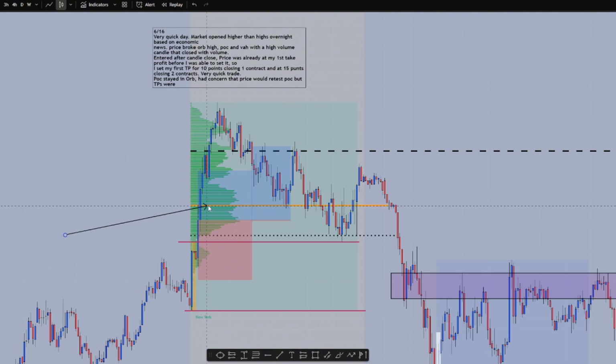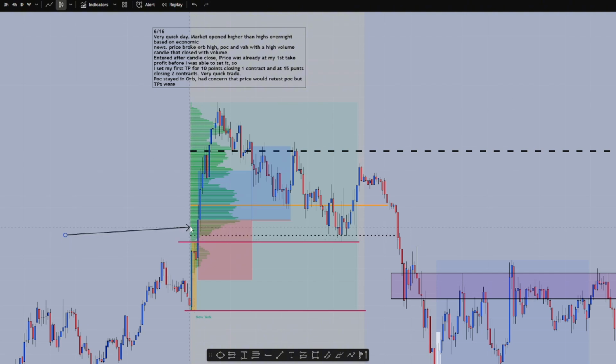This point of control is based on the active point of control for that day, but at this time the candle closed above what the active point of control was. So I entered based off of this 5-minute candle right here.